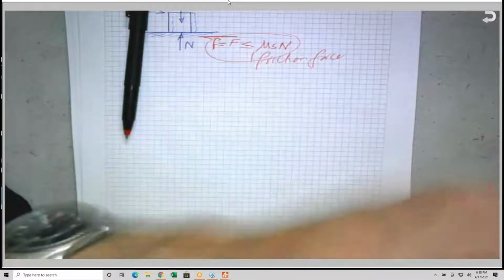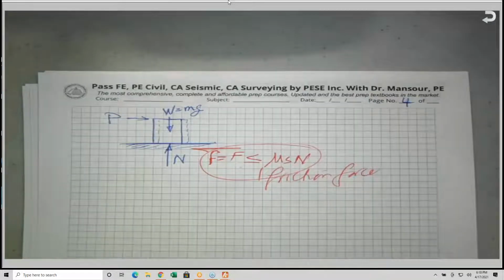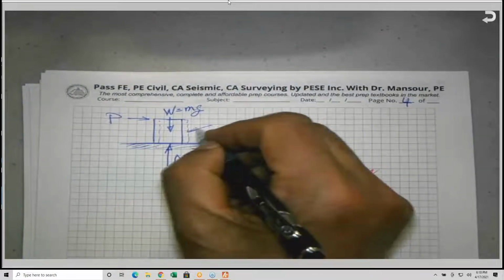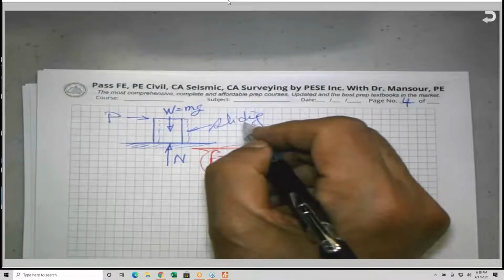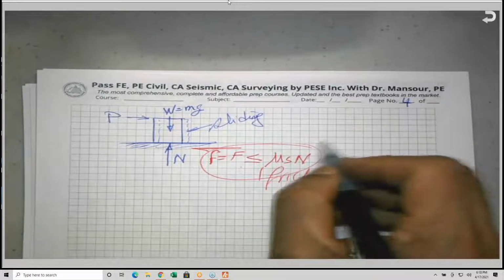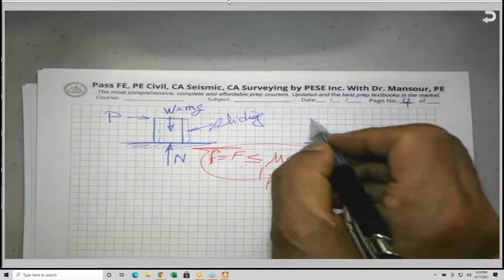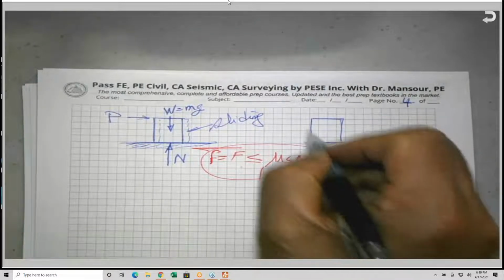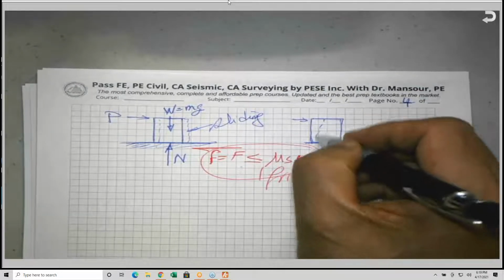So there are two situations that we look at when we examine friction. It could be either sliding, or the block will rotate, which is overturning. It depends on the moment, and I will show it to you. If this block has a force here, the block may stay in the same place, but it will rotate like this.